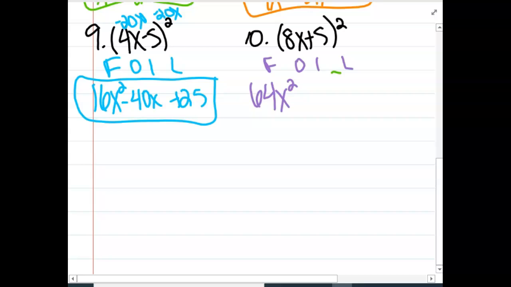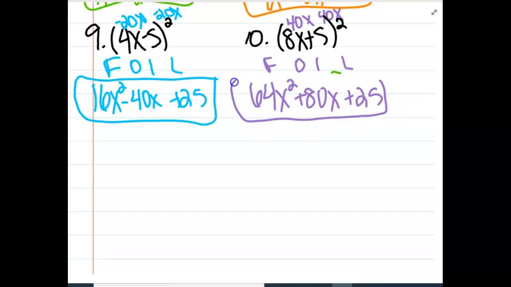How will I find my L? 5 times 5, which is a positive 25. How will I find my O? 8x times 5, which is 40x. How will I find my I? It's the same thing, right? 40x and 40x, or if you want to just do 40x times 2. Either way, same thing, but you're going to get an 80x.